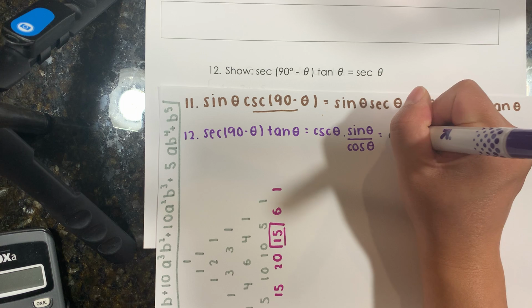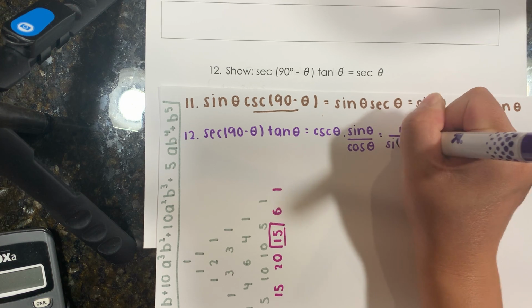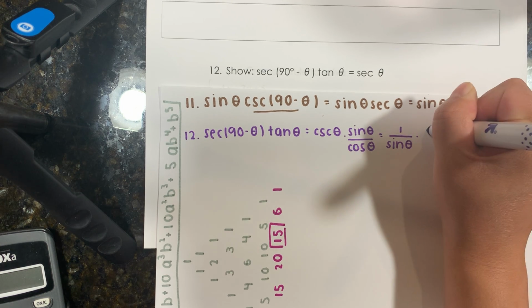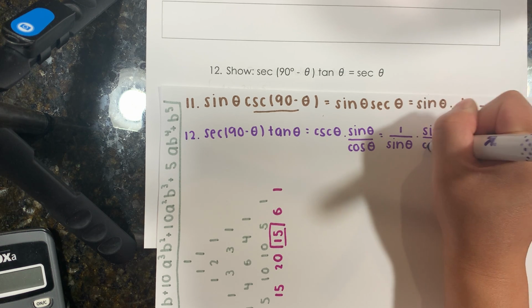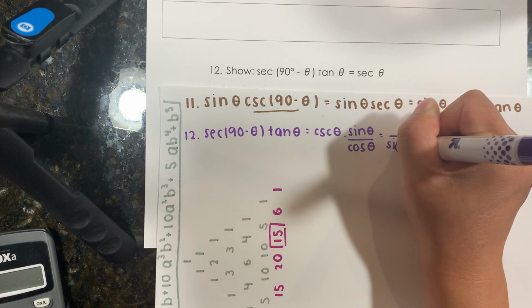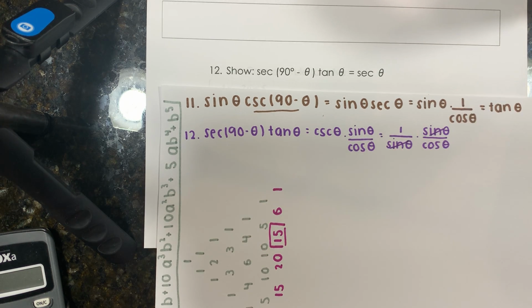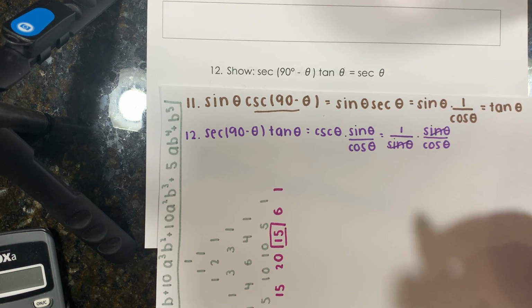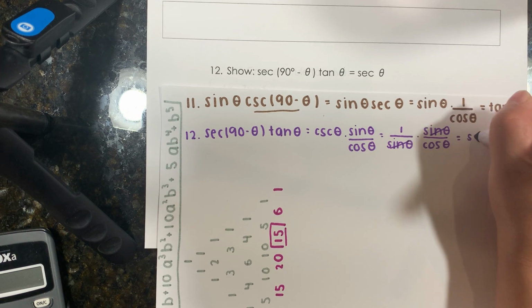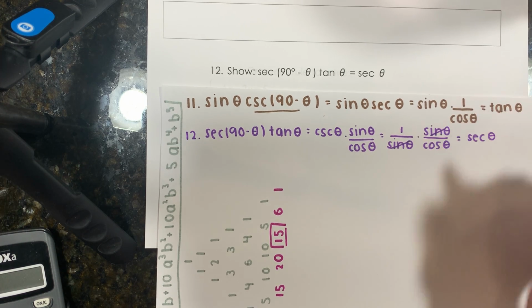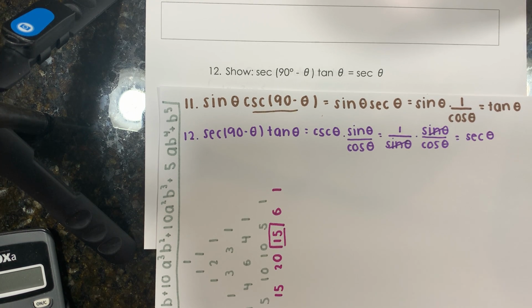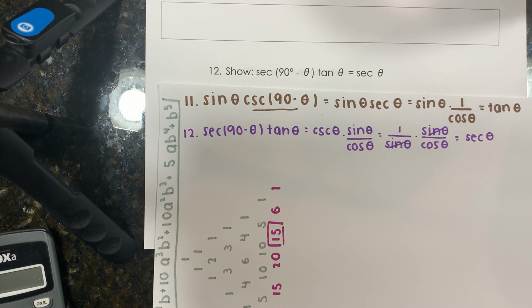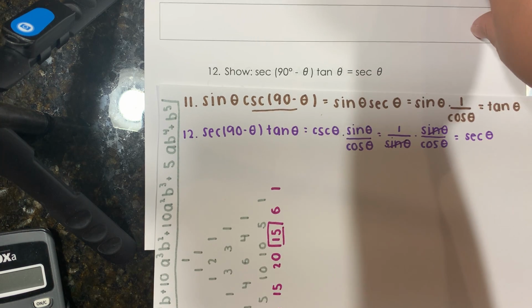So that would be 1 over sine theta times sine theta over cosine theta. The sine thetas would cancel, and 1 over cosine theta is actually equal to the secant of theta. So the left equals the right. And again, it's the steps in between that are actually our answer. How do you get from point A to point B?